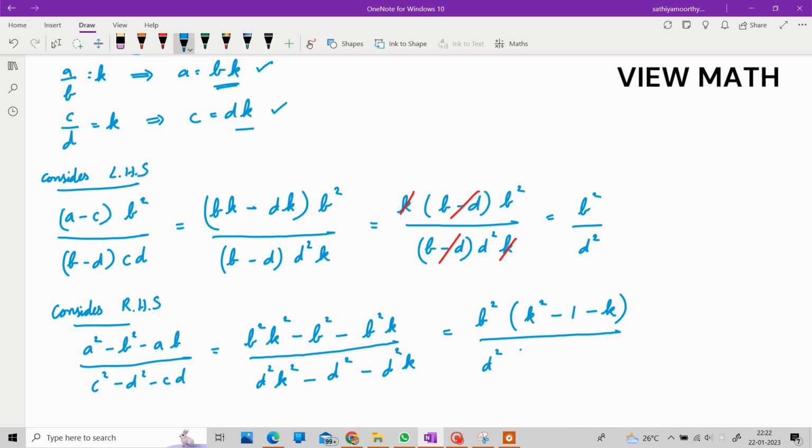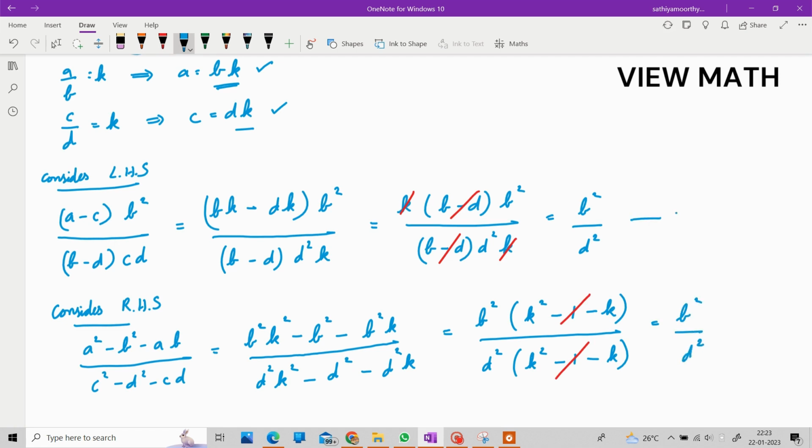D square if I take outside I will be getting K square. In this side D square I have taken outside, so it goes minus 1 minus K. Now I am going to cancel the common term. So common term in the numerator and denominator is K square minus 1 minus K. I can cancel. So remaining I will be getting B square by D square.